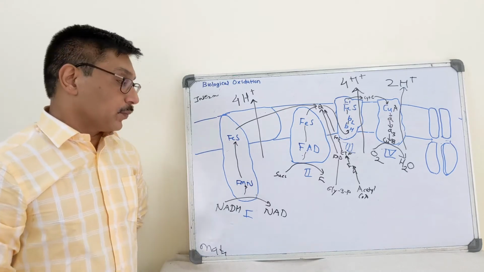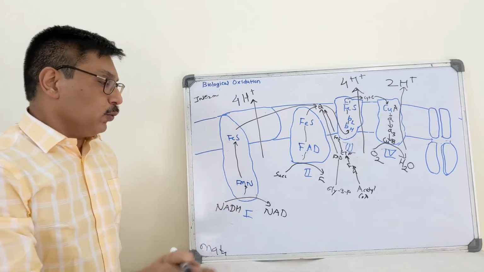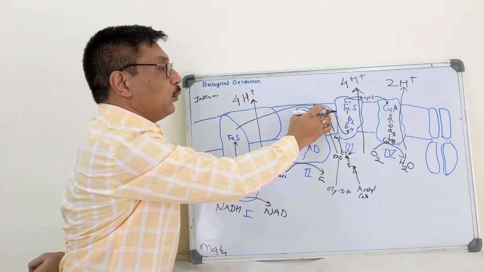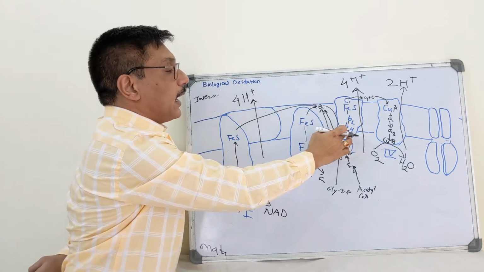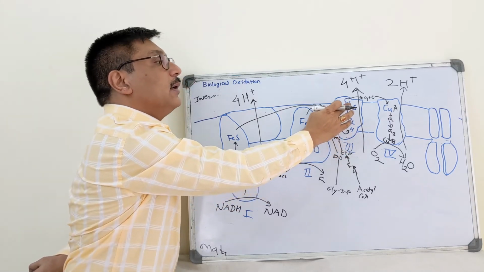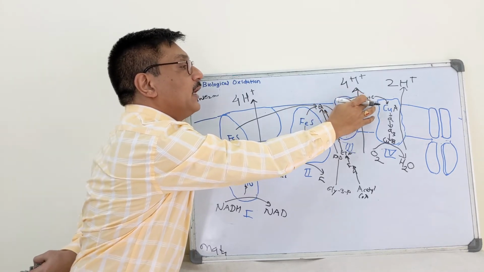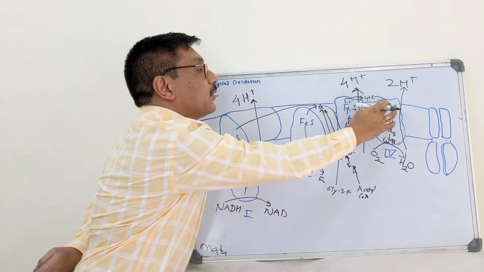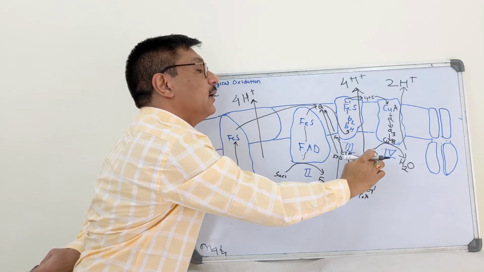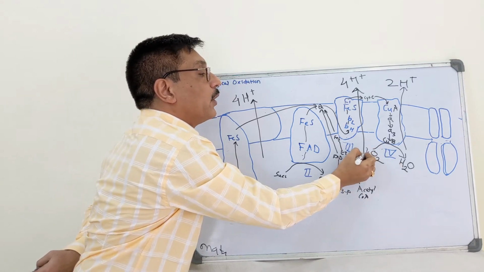So, if electrons are accepted from NADH, they go through FMN, various iron sulfur centers, then coenzyme Q. From coenzyme Q, they are transferred to cytochrome BH, cytochrome BL, iron sulfur center, and cytochrome C1, then to cytochrome C. Finally, from copper center A, cytochrome A3, and copper center B, finally accepted by O2, which is converted to H2O.